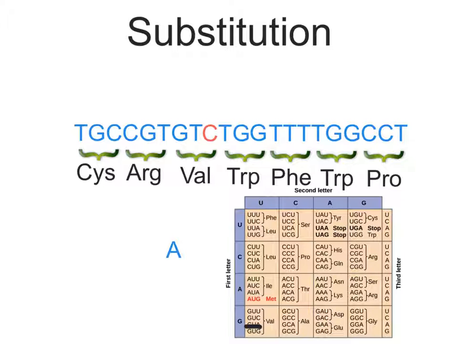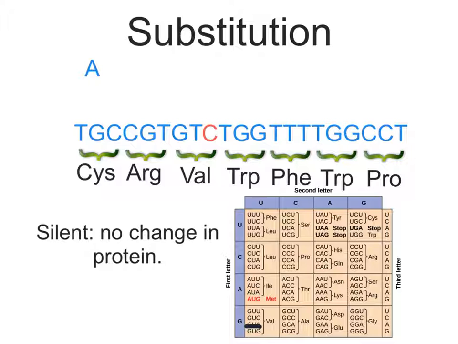And we see that it codes for the exact same amino acid, so there's no change in our amino acid sequence. If our amino acid chain stays the same, what that also means is that our protein stays the same. So this mutation is called a silent mutation, where a single base pair is substituted, but it doesn't change our final protein.